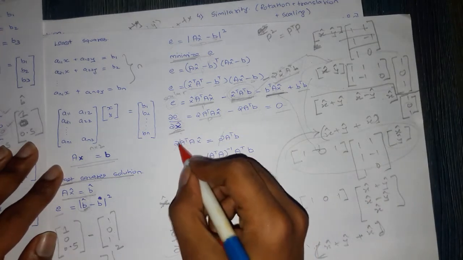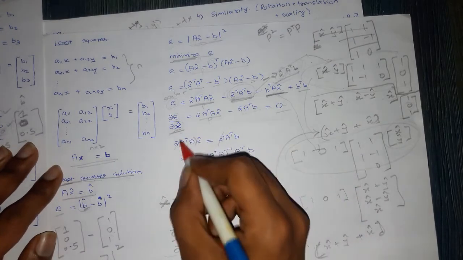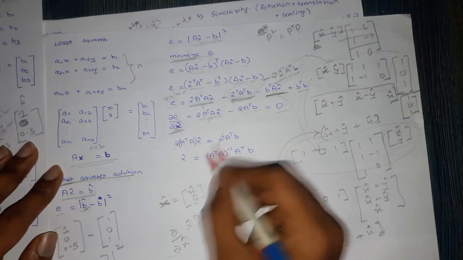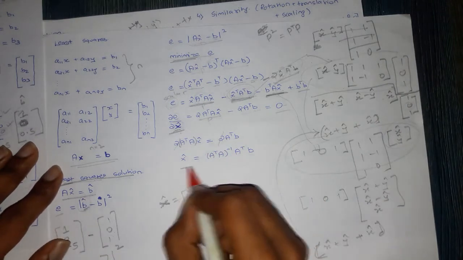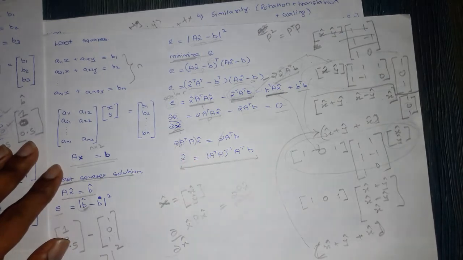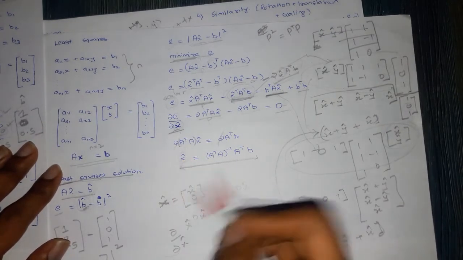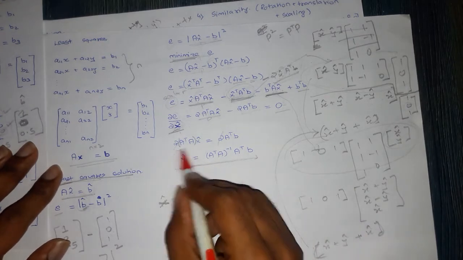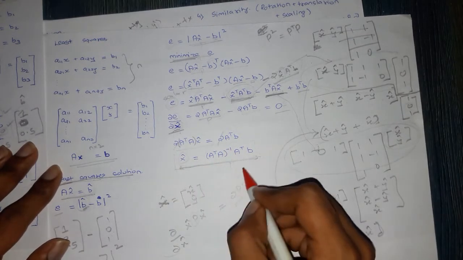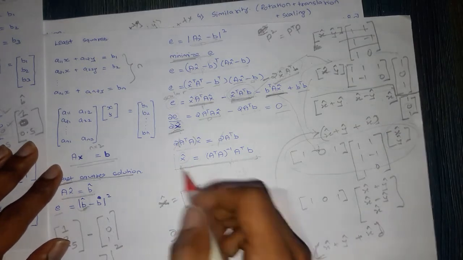And now, this is a matrix, so I can just take the inverse of this matrix, and this is the solution for x cap. So this is how I get x cap. By this I have a basic formula. This is the formula for least squares, the least squares solution.